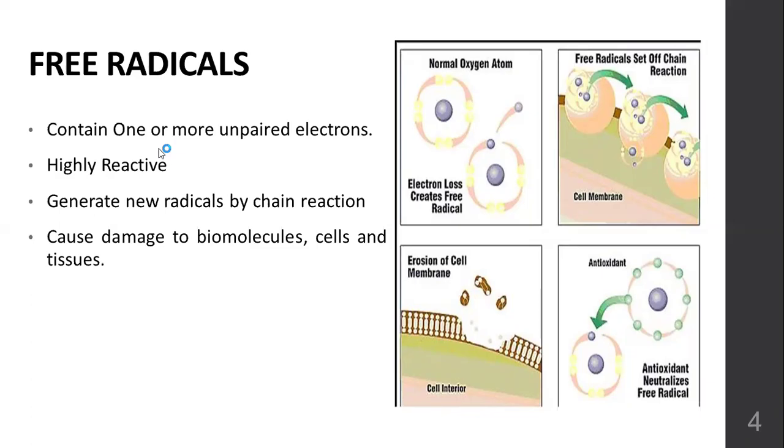So that's how free radicals are existing. Free radicals will always exist as long as your body functions. As long as biochemical reactions take place in your body, free radicals will exist.